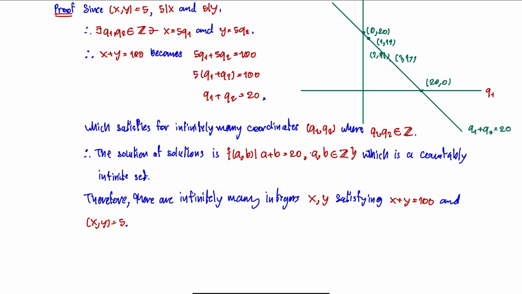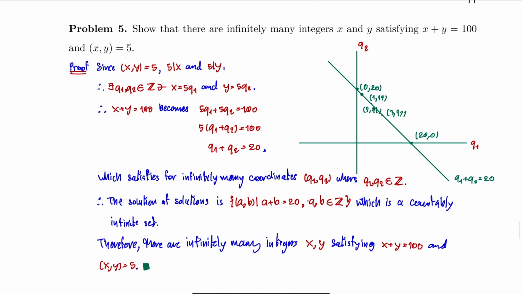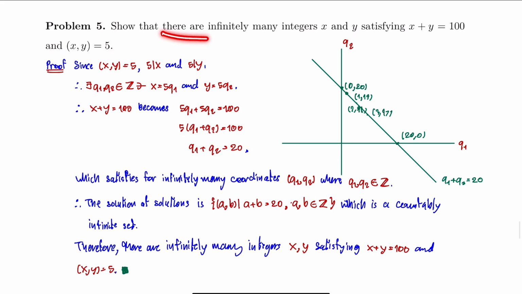That's the proof of this problem. So we have shown that there are infinitely many integers x and y satisfying the equations x plus y equal 100 and the greatest common divisor of x and y is 5. That's it for this video.